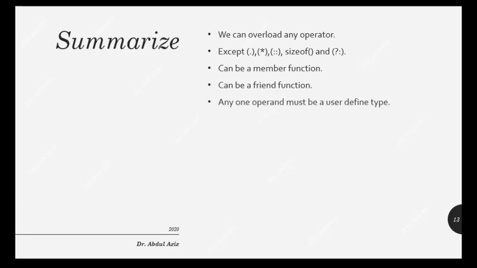Any one operand must be a user defined type. It is mandatory whenever we overload an operator that at least one operand is of user defined type.